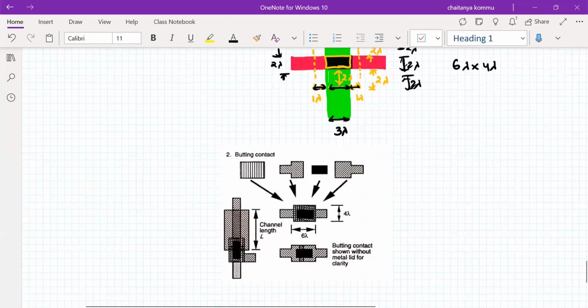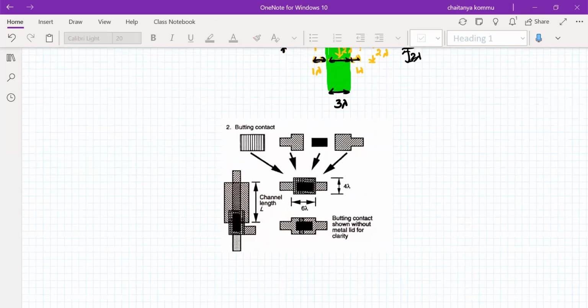What we do here is, this is called poly and this is diffusion. We have to take these two things together, and we have to maintain this as 6 lambda. What is the width of this one now? It's 4 lambda.